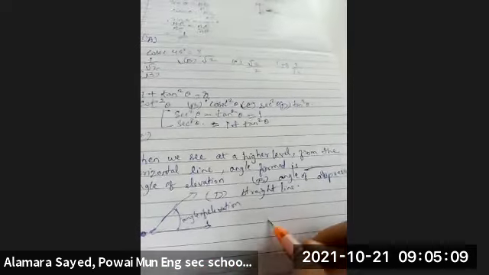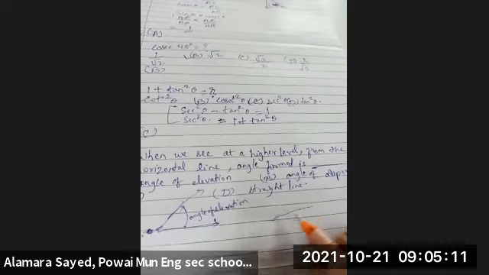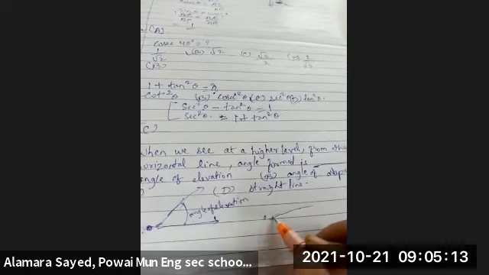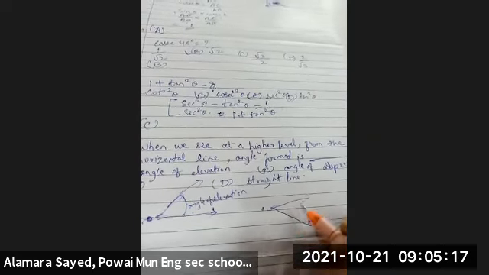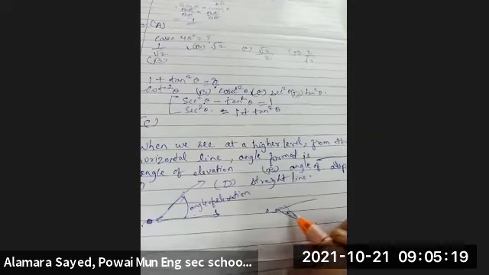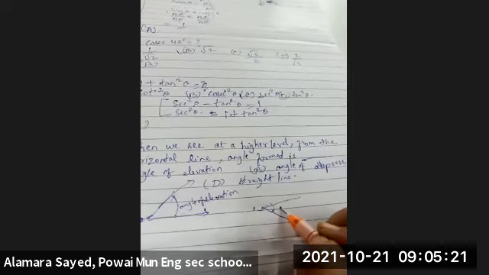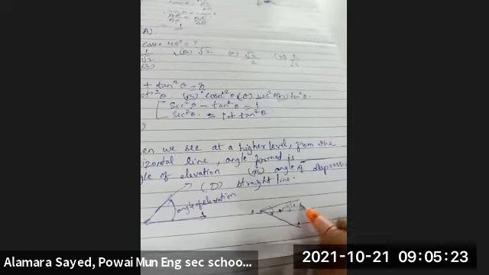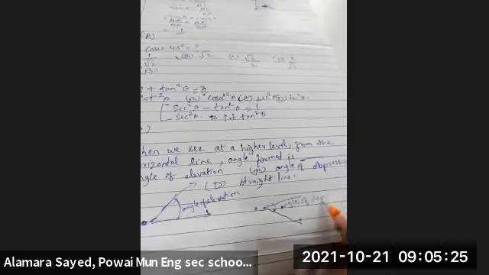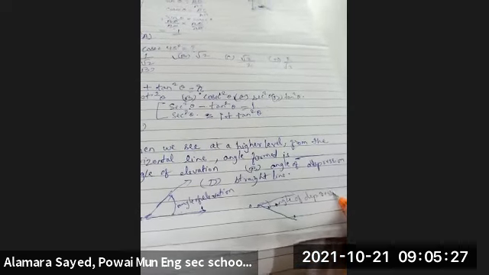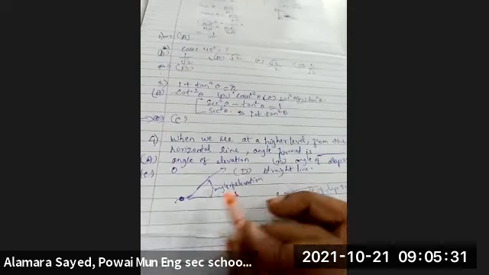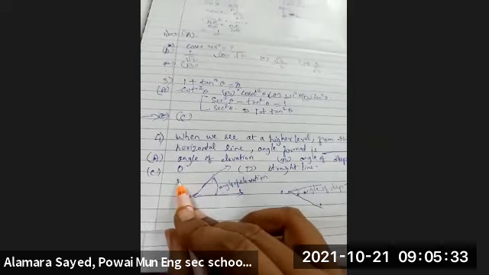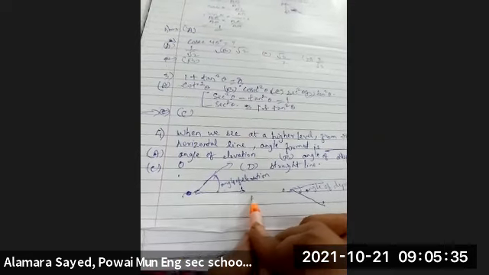And when your eyes are here and you are watching downwards, the angle which is formed is known as angle of depression. This is angle of depression. This is angle of elevation. When you're not watching anything, then it is 0. When you are watching straight, then it is a straight line.